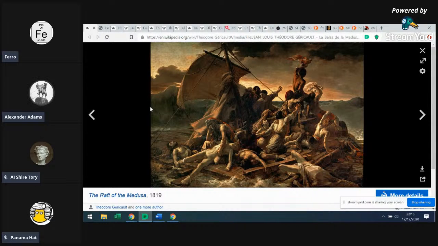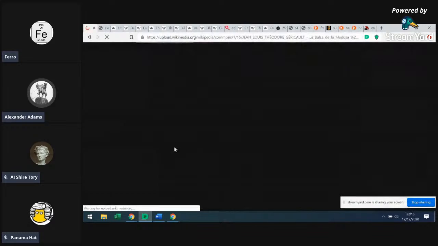The commanders were incompetent. The ship foundered, and there were too many people on small rafts. They were driven to disease, dehydration, and madness, and they were also attacked by sharks.